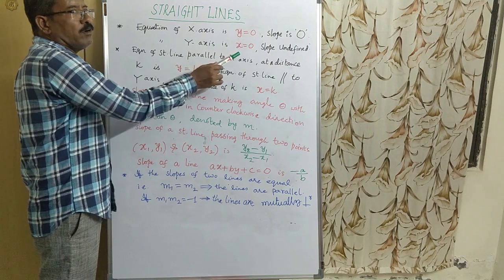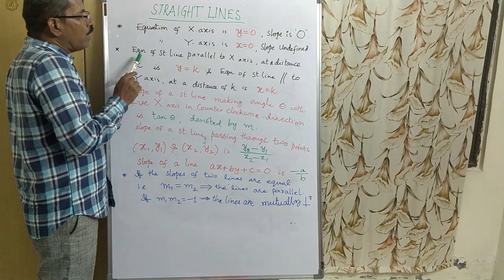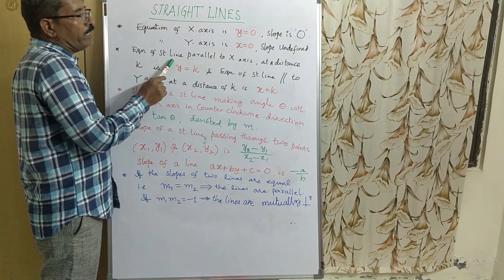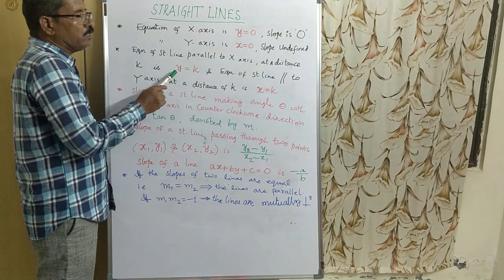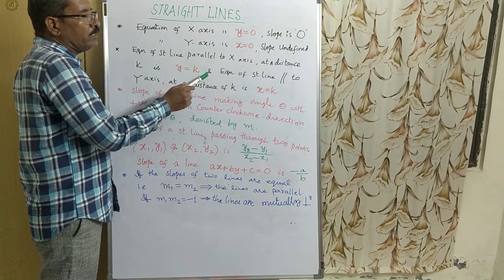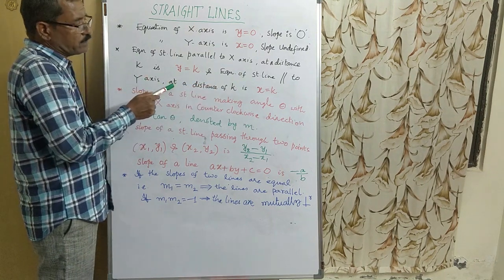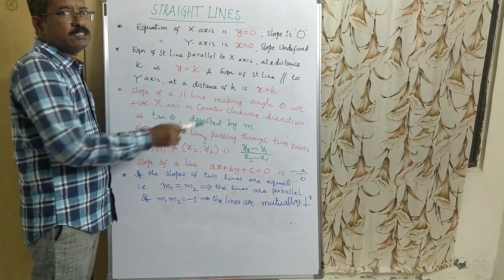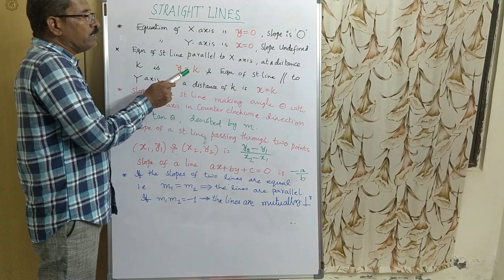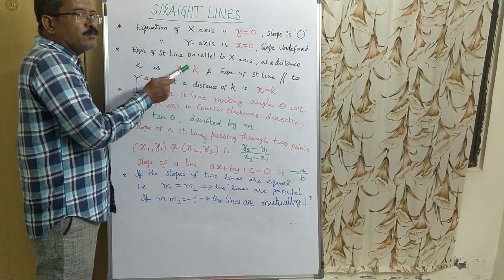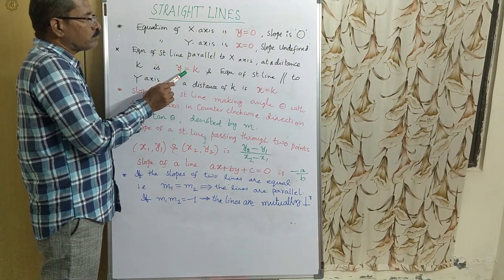And another thing, the equation of a straight line parallel to the x-axis at a distance of k is y is equal to k, and the equation of a straight line parallel to the y-axis at a distance of k is x is equal to k.